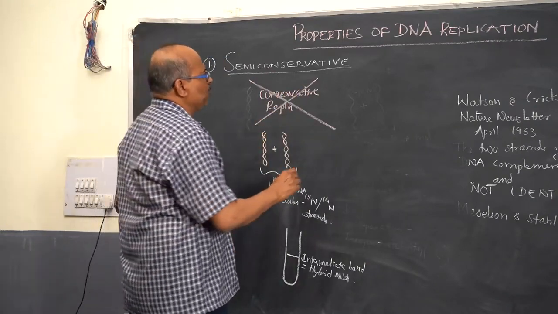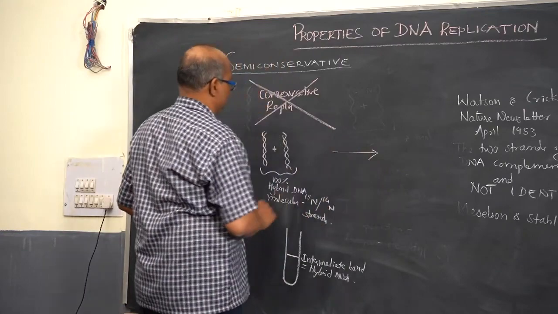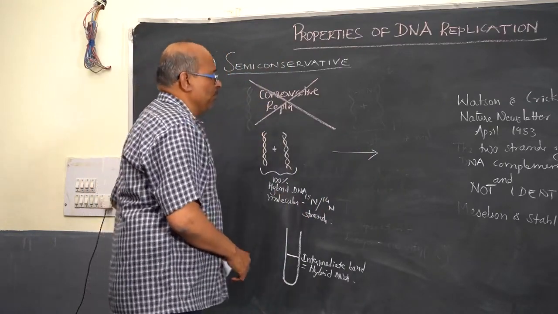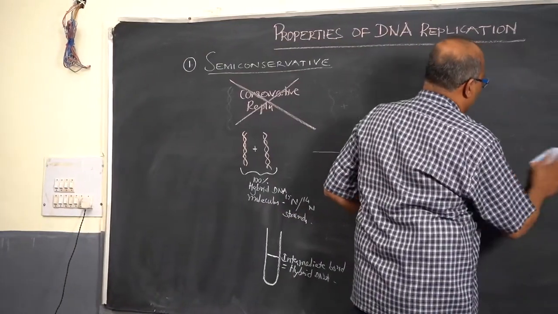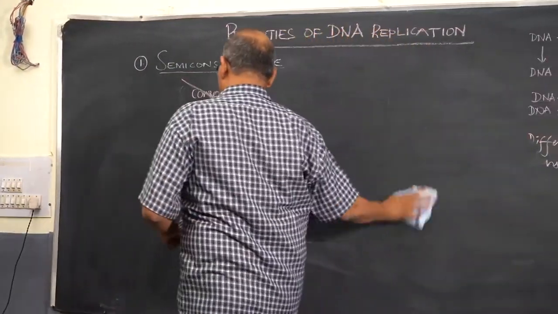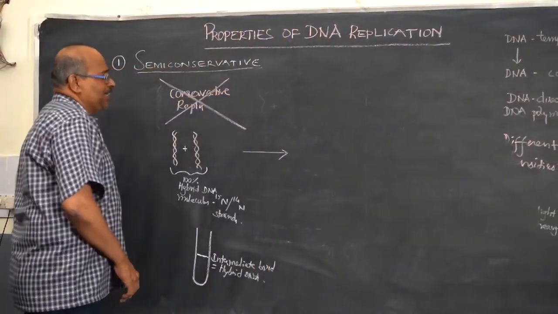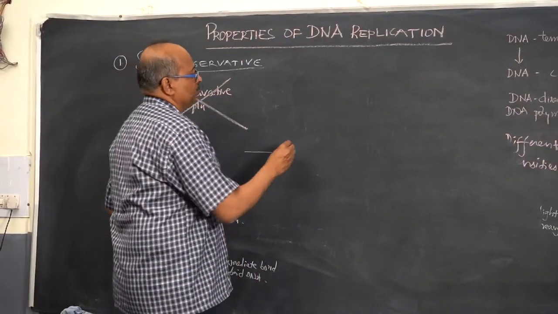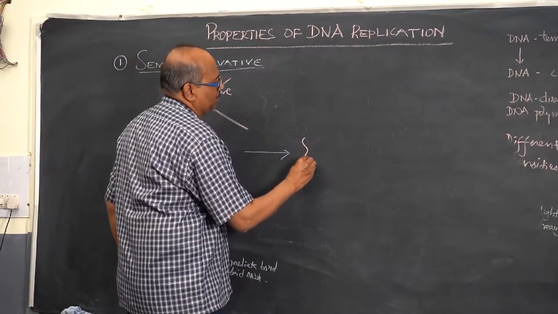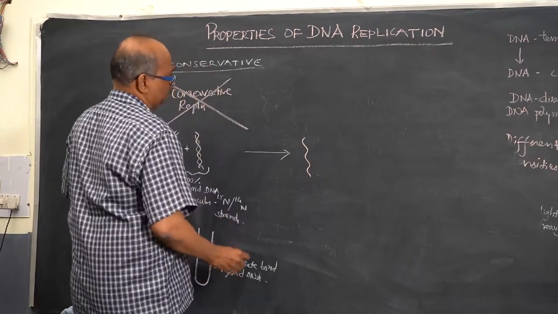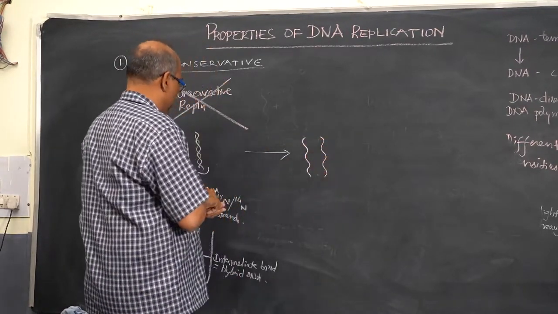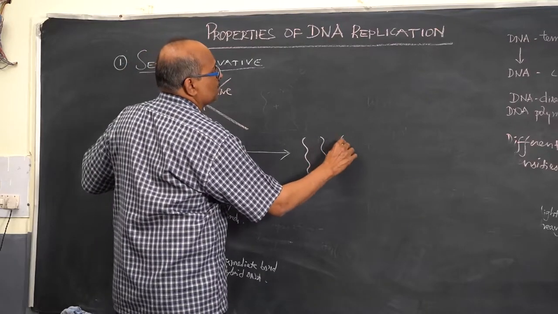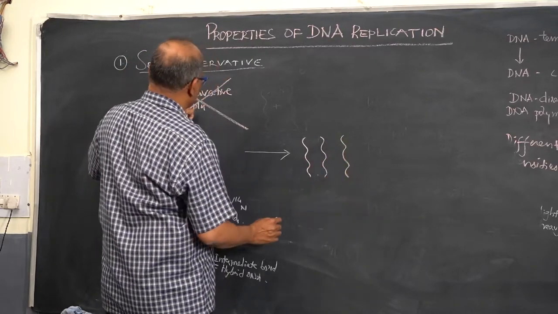Then when they went for the second generation, what they found is, in addition to the hybrid DNA, they also had a lighter DNA. So now how can we explain this?